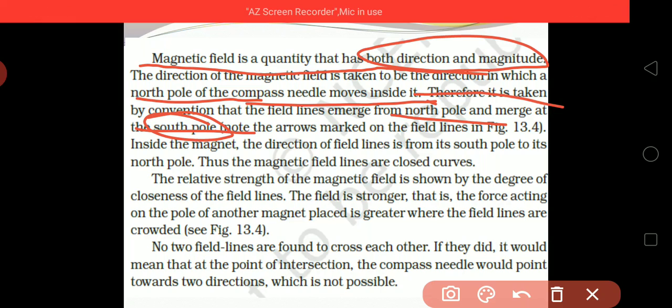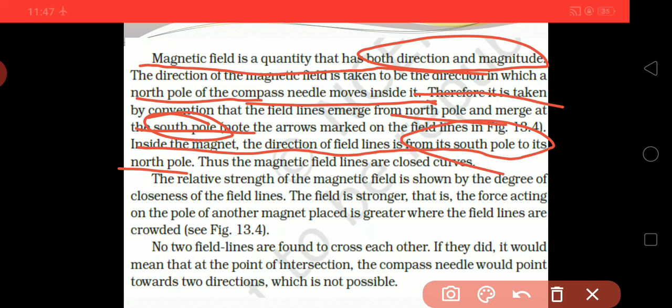Inside the magnet, the direction of the field line is from the south pole to its north pole.